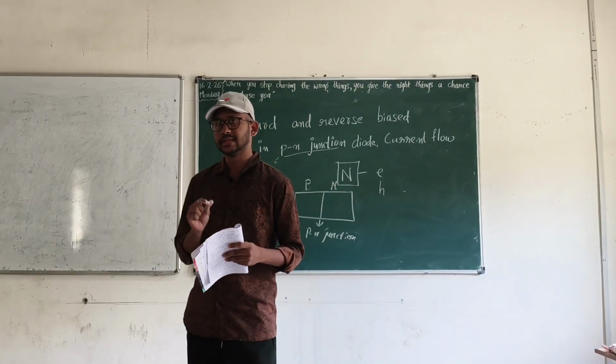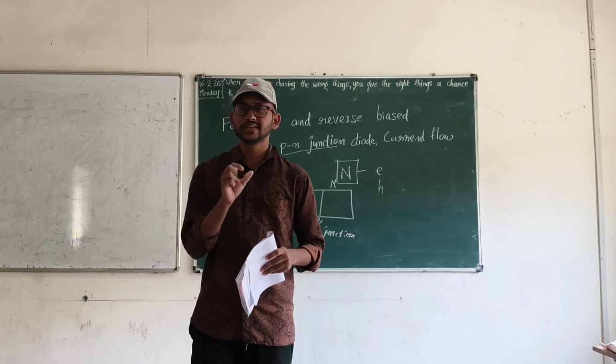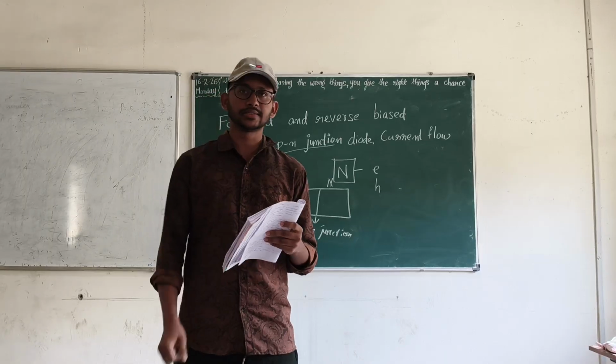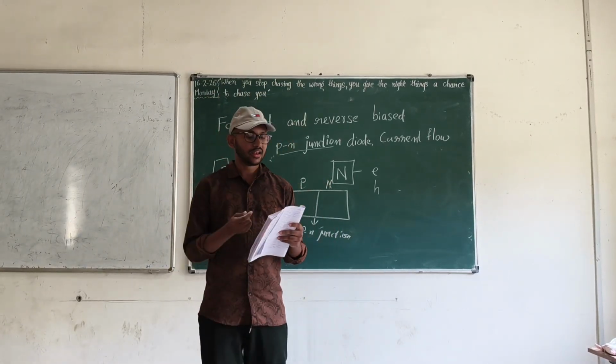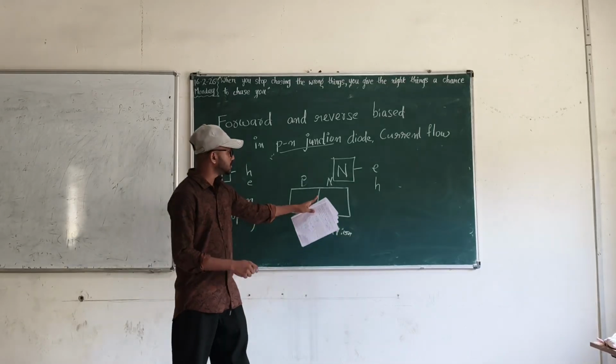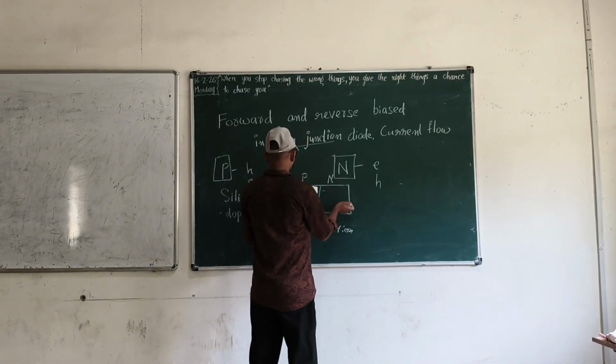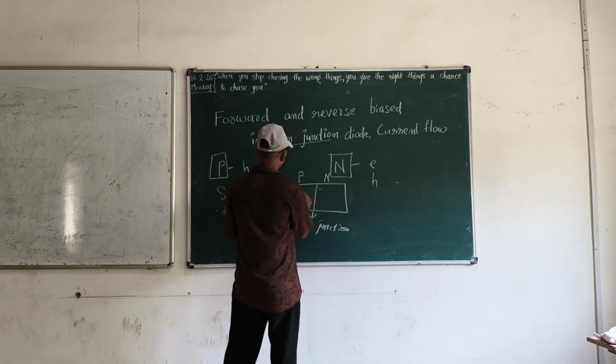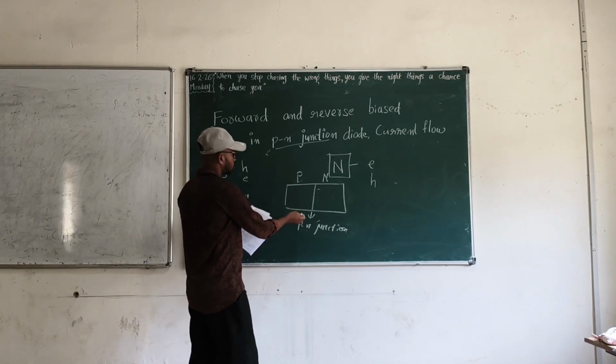During the formation of a p-n junction, something interesting happens at this junction. Electrons from the n region, where their concentration is high, begin to diffuse into the p region, where the concentration is low.